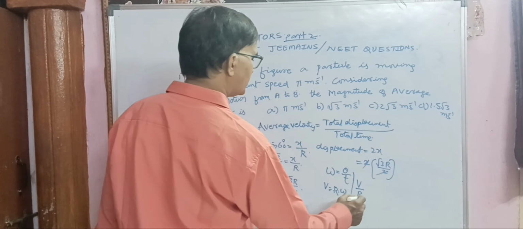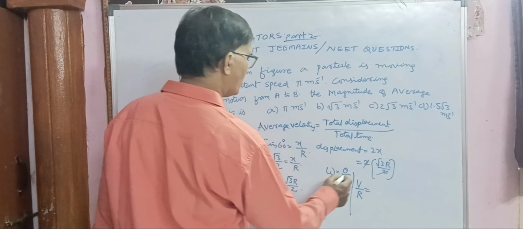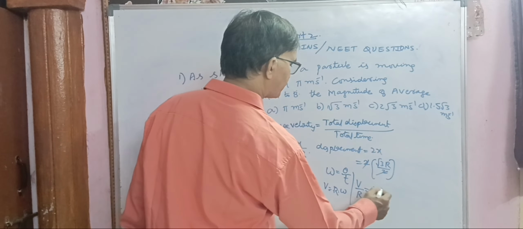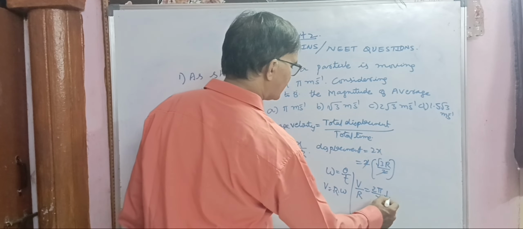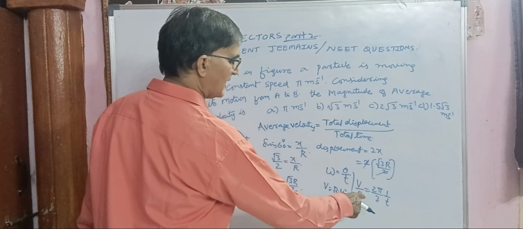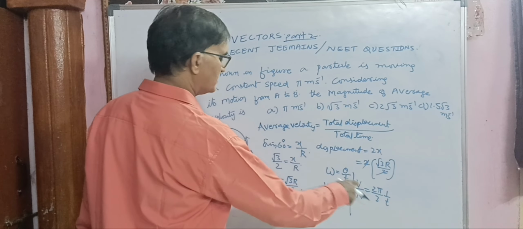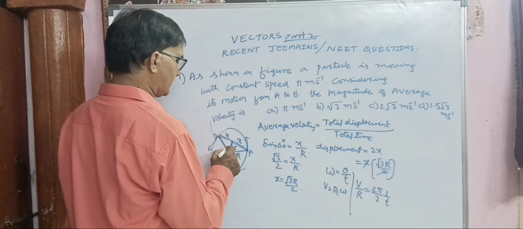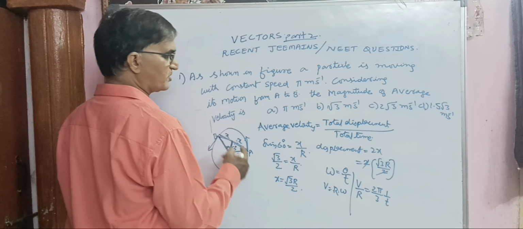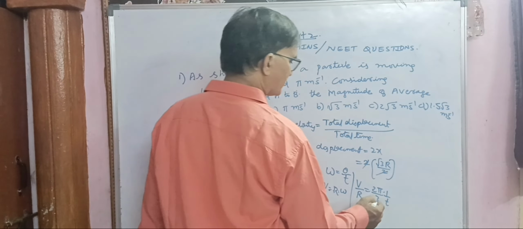V by R is equal to theta by t. Here, theta is how much? Theta is 2 pi by 3. This is the angular displacement here, 2 pi by 3. Pi is 180 degrees, so 2 pi by 3 is 120. So this angle is 120.